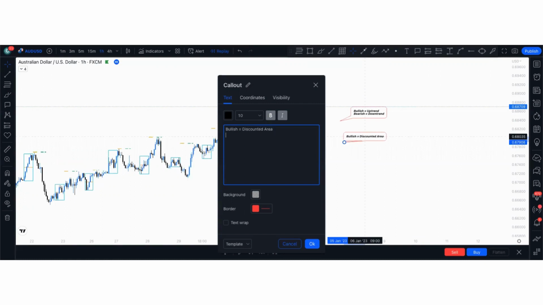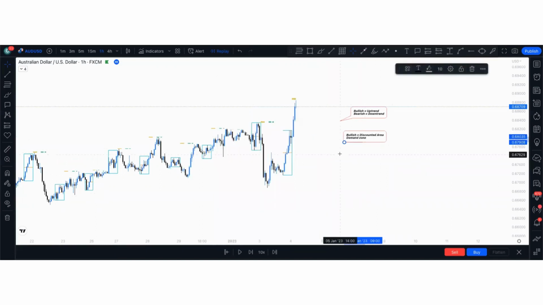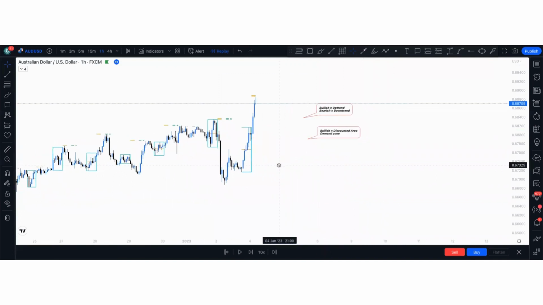Or if it's bullish, you need to see some demand zone. Since this is bullish, I need to see some kind of a pullback or correction. So far I see this as a demand, but as you can see, this is not valid for me because it is not in the discounted zone.